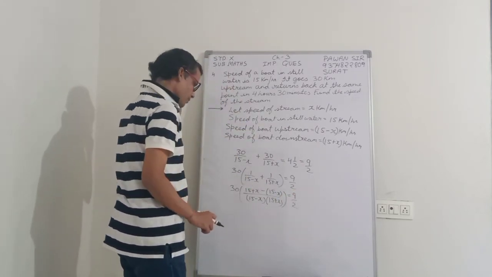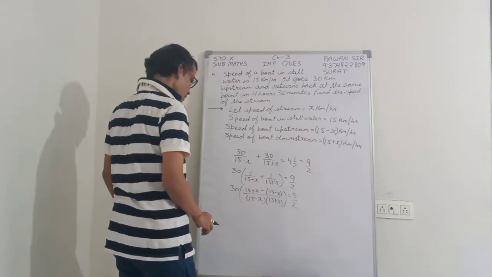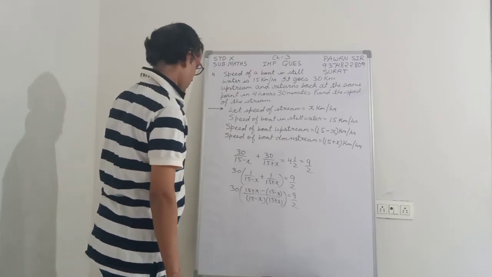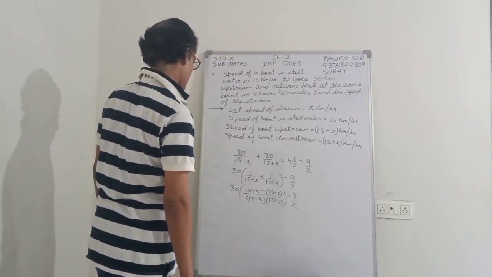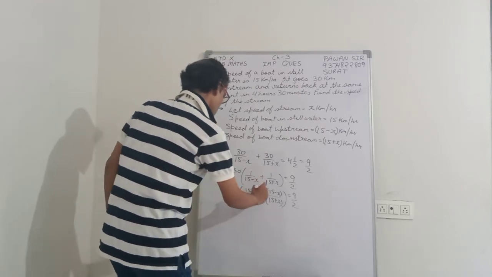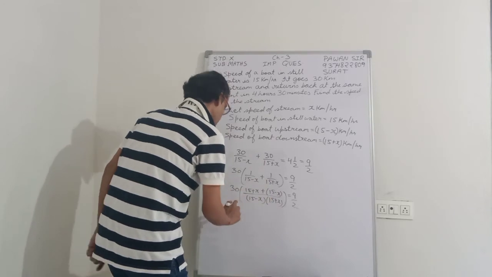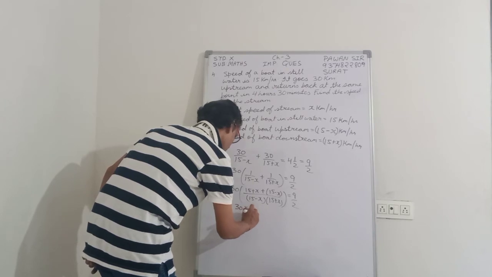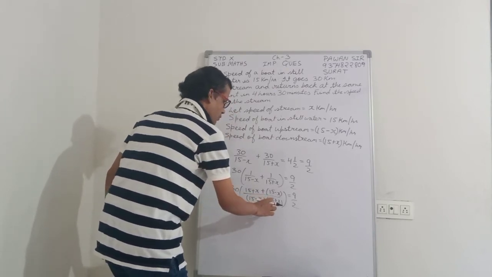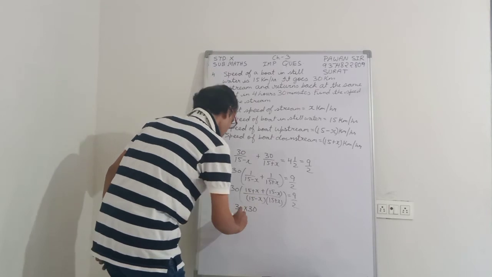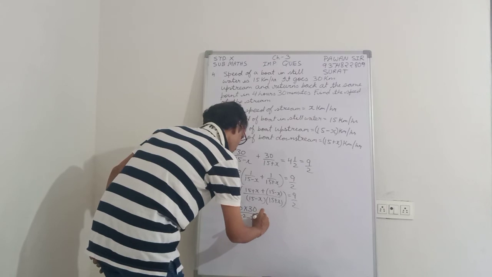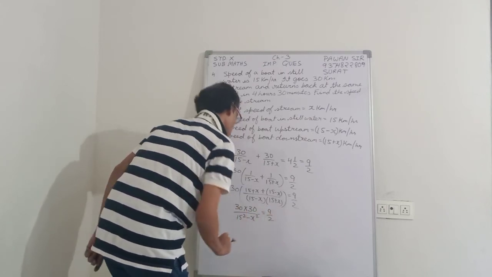When you open the bracket, what we get? 15 plus 15, 30, and 15 minus x, 15 plus x. A minus b, a plus b, it is a square minus b square. Means 15 square minus x square, it is equal to 9 by 2.